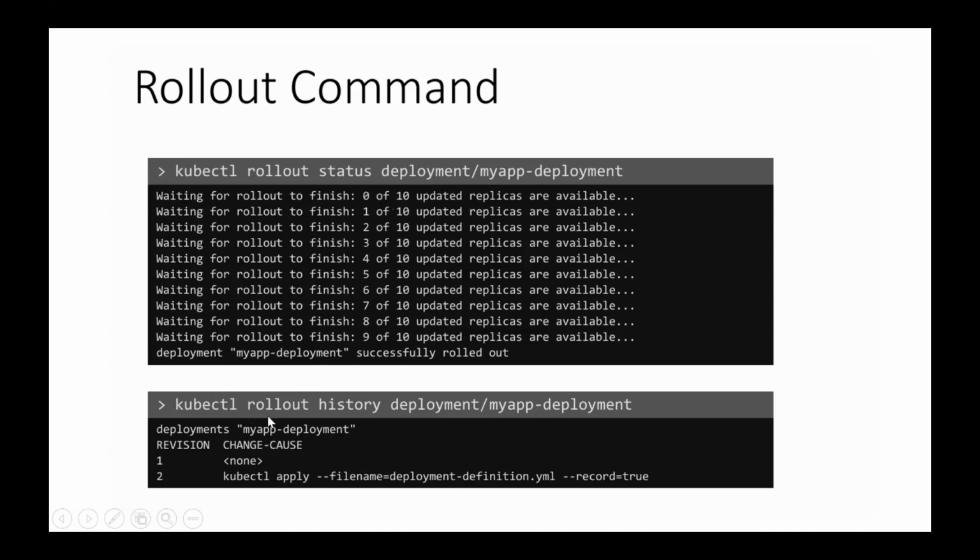If you run the kubectl rollout history command with the deployment name, you will get the history of your rollout, with the revision details. So if you have to roll back the deployment, you can just type the command for rollback and the revision, and it will be rolled back to that revision.